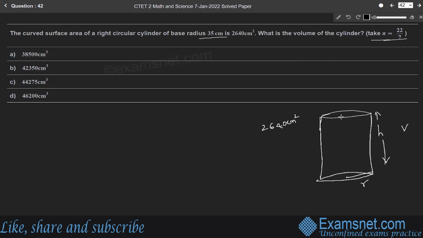For that we need height of the cylinder. Radius is given. So let us find height of the cylinder using the formula, that is curved surface area is equal to 2 pi RH.